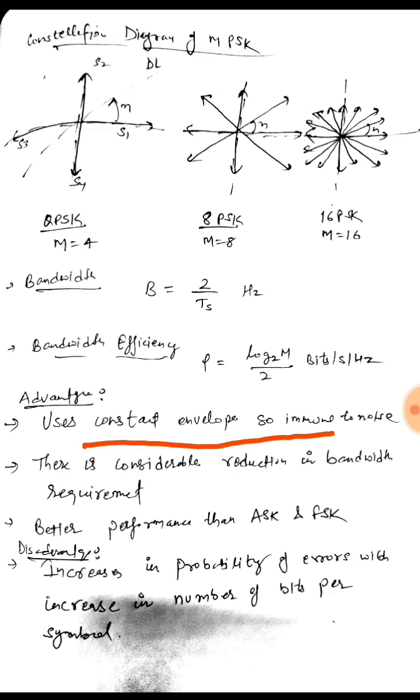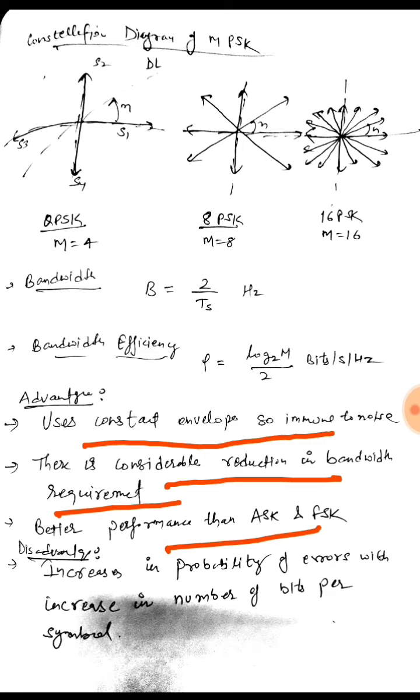There is a considerable reduction in bandwidth requirement. So bandwidth requirement is less as we compare FSK and PSK. Better performance than ASK and FSK when it comes to bandwidth efficiency. So it has a very good performance.